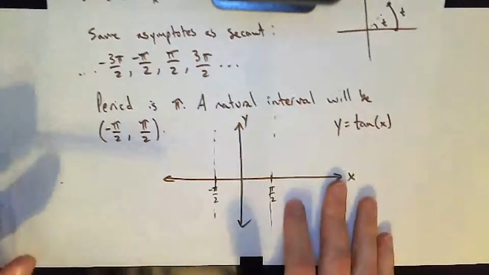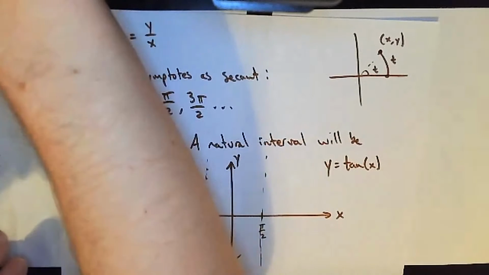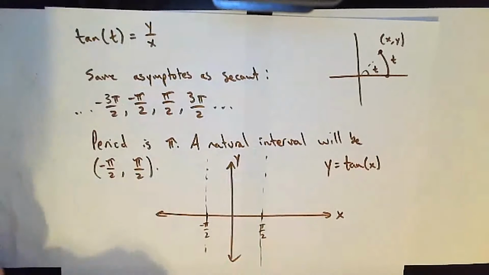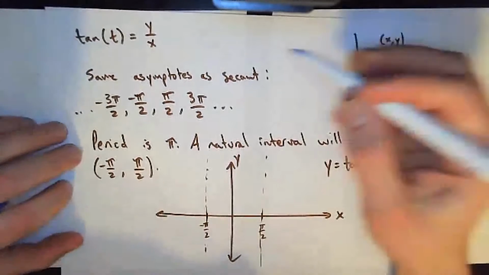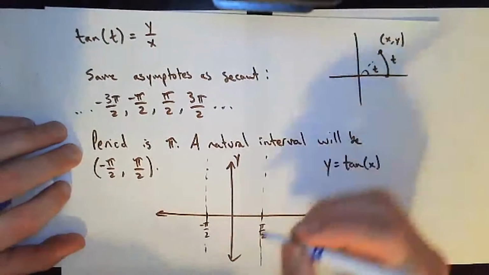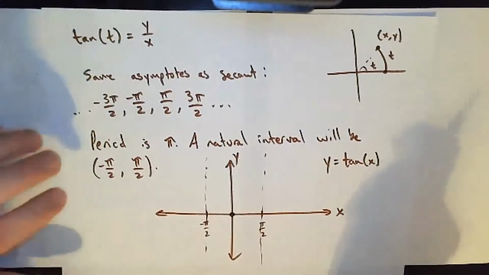All right. What is tangent when the input is 0? I'm going to do this in blue. Well, it's right here. y is 0, so the top is 0, so it's 0. No domain issues at 0, right?